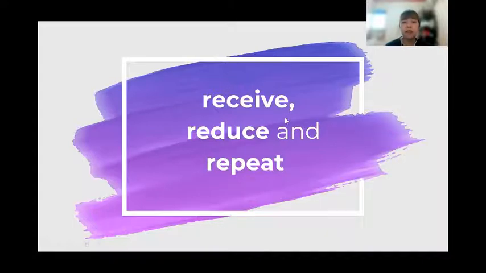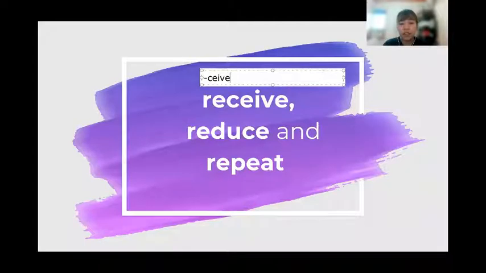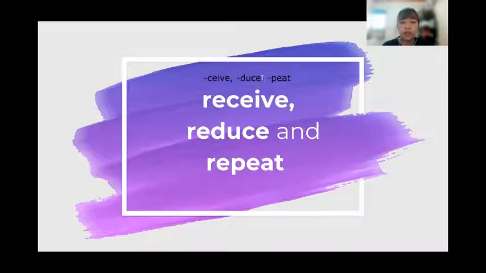So, di ba we said we defined free morphemes kanina. So we have your ceive, we have your duce, and we have your peat.